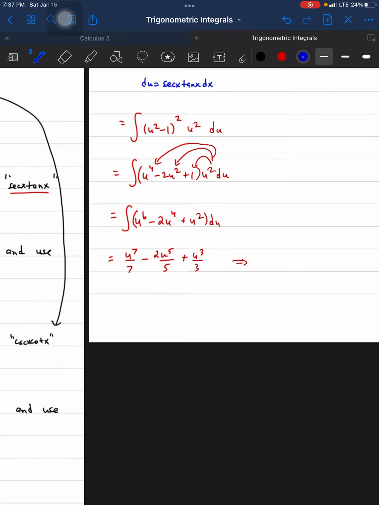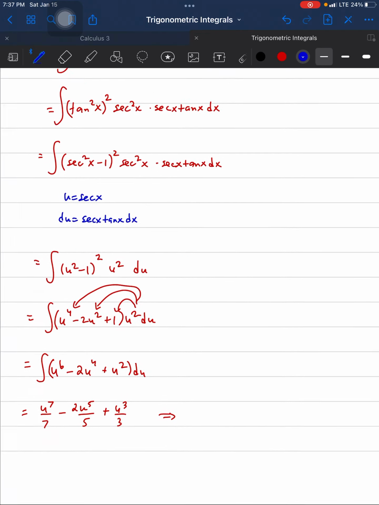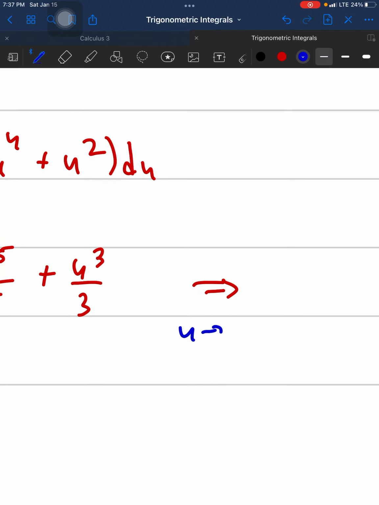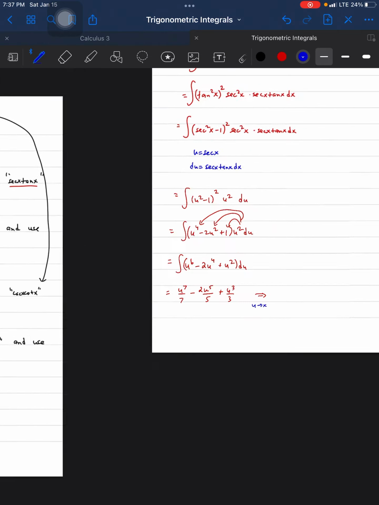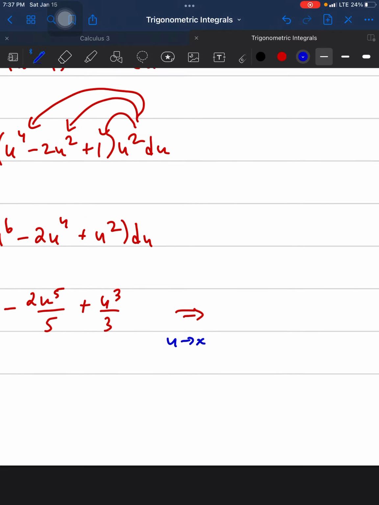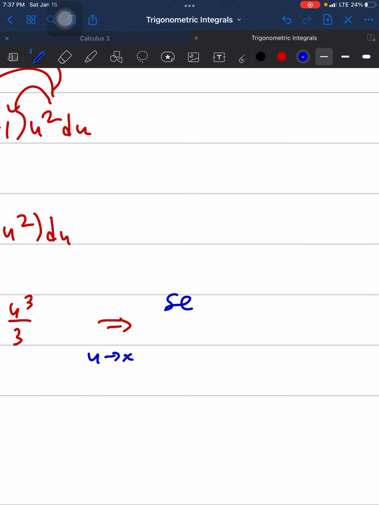Now all we have to do for the final answer is change everything back to whatever x was. So we want to change from u to x. We know we substituted u for secant x, so just substitute back in secant x.